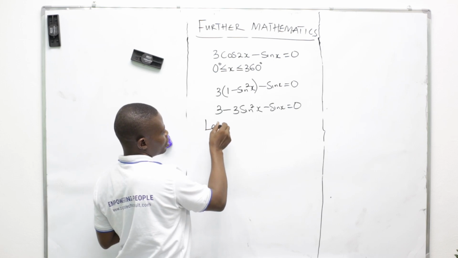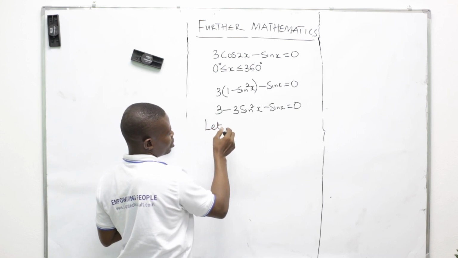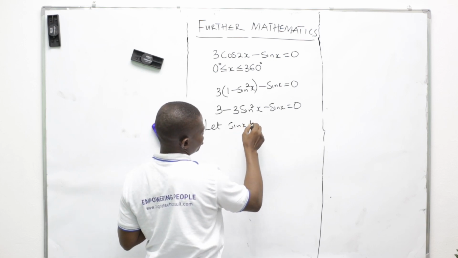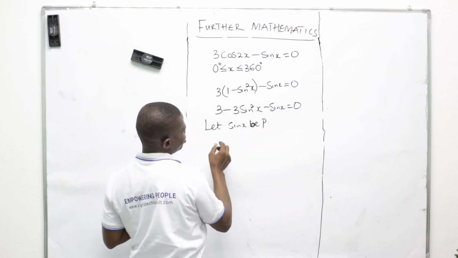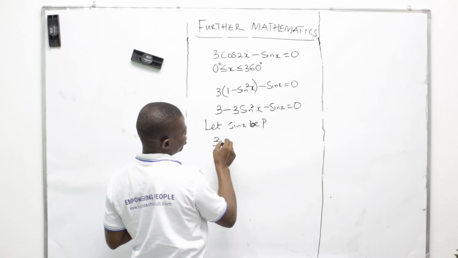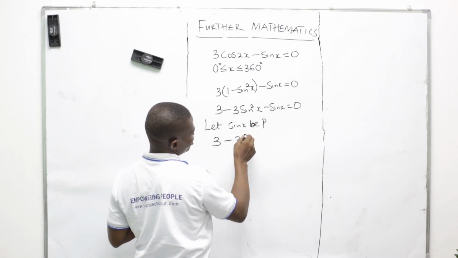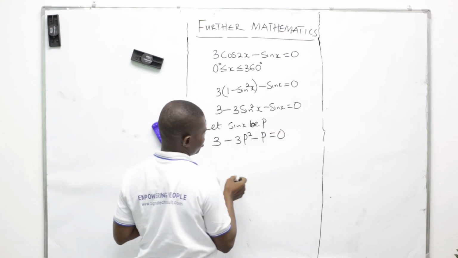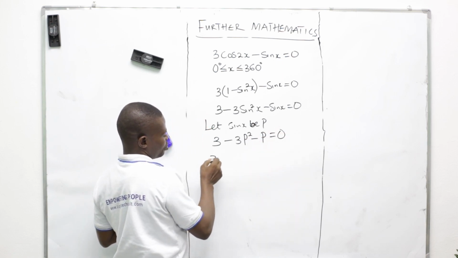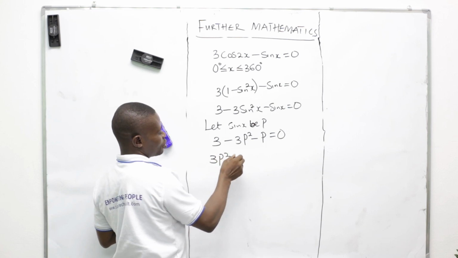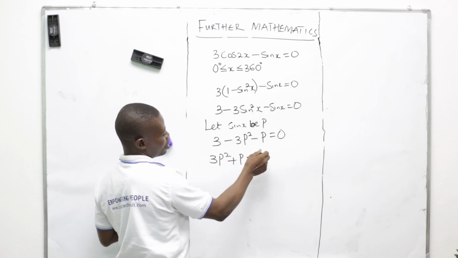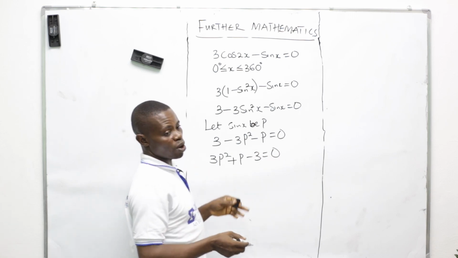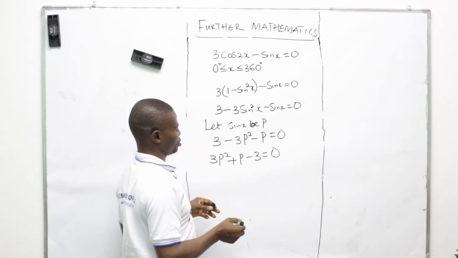Let sine x be P, so that we have 3 minus 3P squared minus P equals 0. 3P squared plus P minus 3 equals 0. This is a pure quadratic equation.